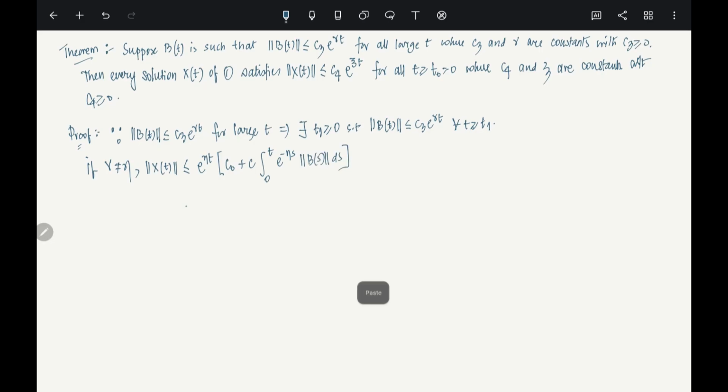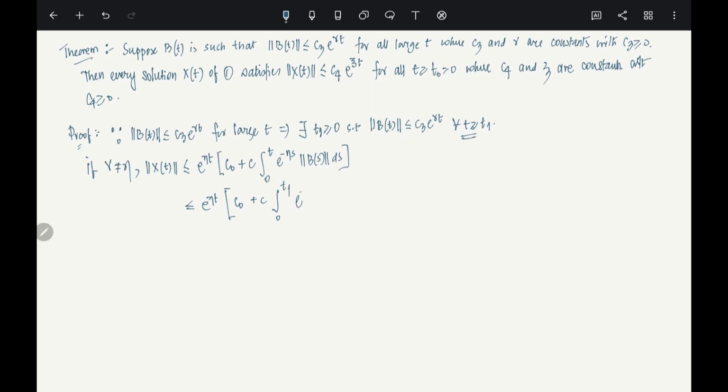Now this is again dominated by e to the power eta t times C naught plus C times the integral from 0 to t. For t greater than or equal to t1, I have a bound on b, so I have to use it. I will divide this integral into 0 to t1 and t1 to t.